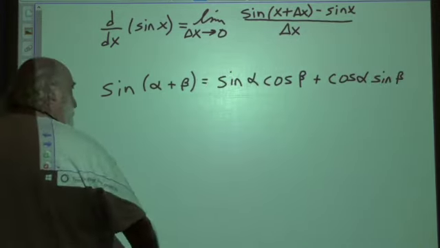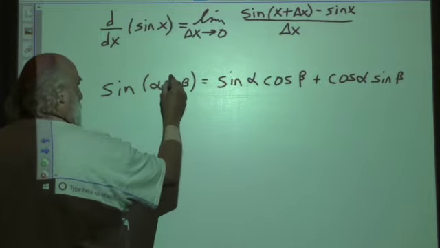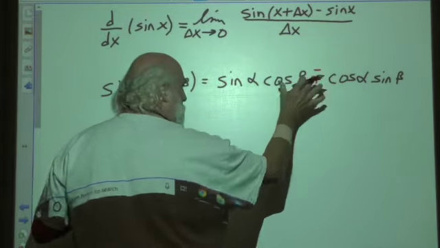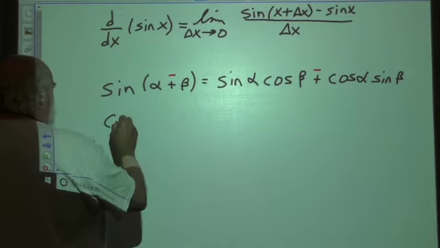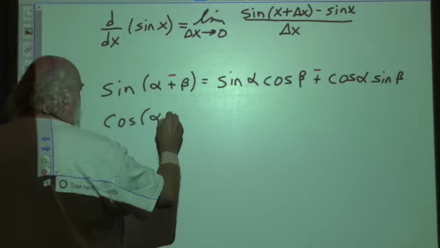Now, if we were subtracting those two angles instead of adding them, then we would subtract these two quantities from each other.